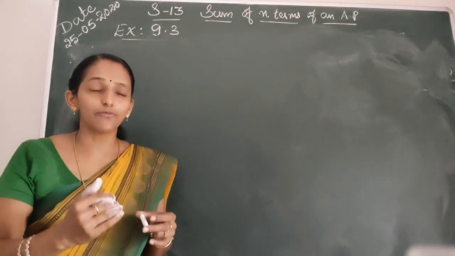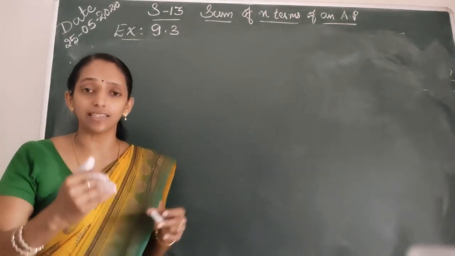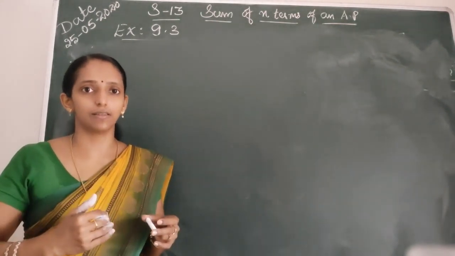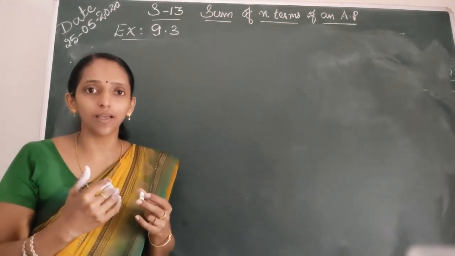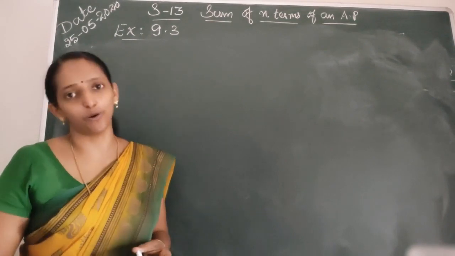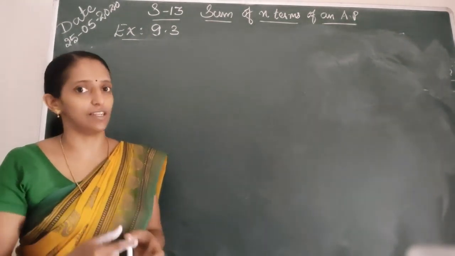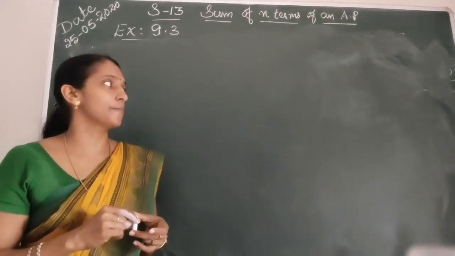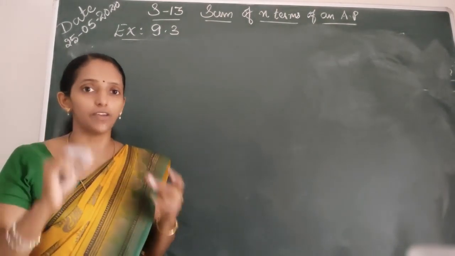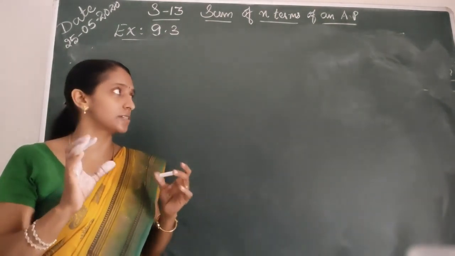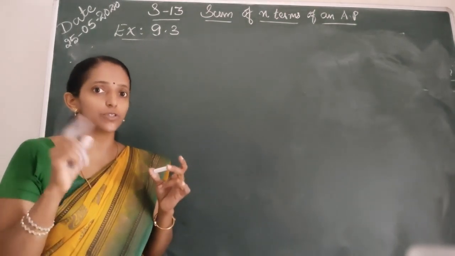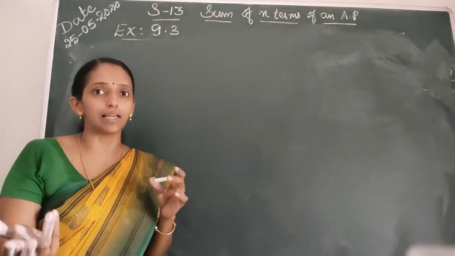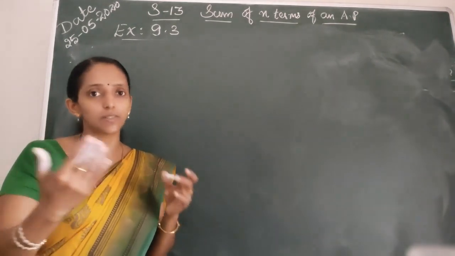And finally, if you are not thorough with the terms, what is going to happen? You will derive a new formula by using these two series. That's why I am telling you to be very thorough and confirm the terms, as there also we have first term, last term, and the denoting terms are the same only.